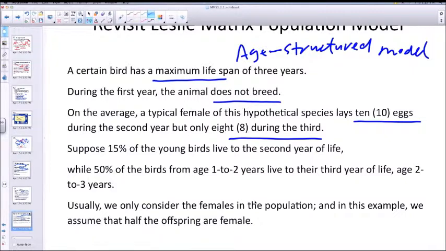We assume only 15% of the first age survive to the second year, and half from the second year survive to the third year. To make it easier, we only think about the female, and we assume among the 10 eggs, 5 are female eggs, and among the 8 eggs, 4 are female.